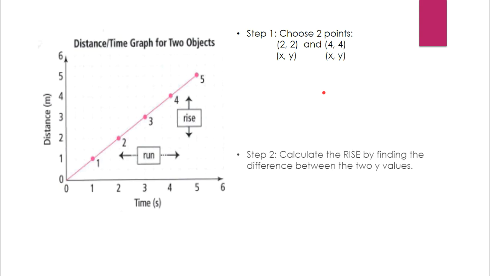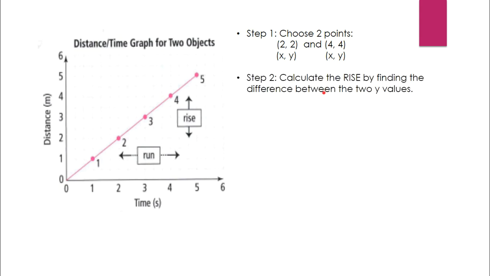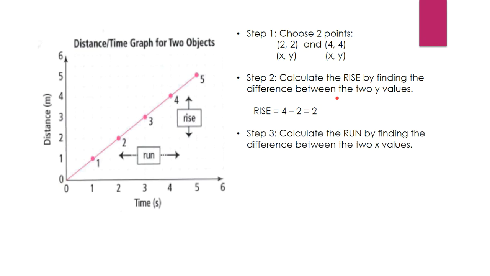Now, step 2, calculate the rise by finding the difference between the two y values. So 4 minus 2 is 2 for the rise. Now, step 3, we're going to calculate the run by finding the difference between the two x values. So again, 4 minus 2 is 2.